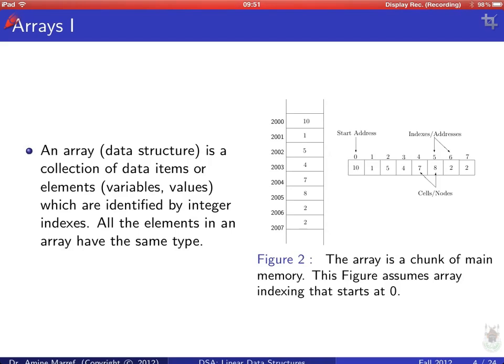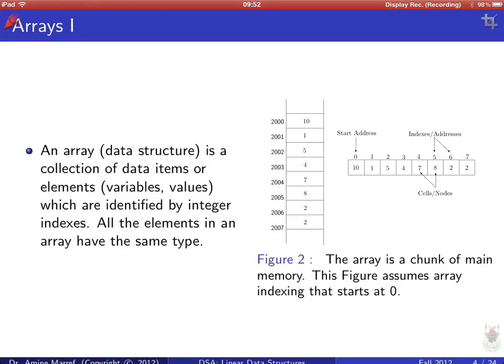This contiguity also gave us the property that access time in the array is constant. It's because the cells are next to each other, and we are able to compute the index of each cell in the array using a very simple mathematical operation.